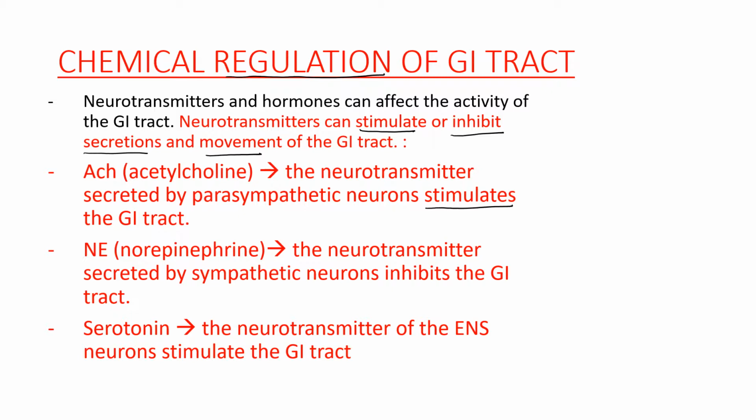On the other hand, norepinephrine, which is the neurotransmitter secreted by the sympathetic nervous system, is going to inhibit secretion and movement of the GI tract. The neurotransmitter used by the enteric nervous system neurons is serotonin. Serotonin stimulates the GI tract into secretions and movement.